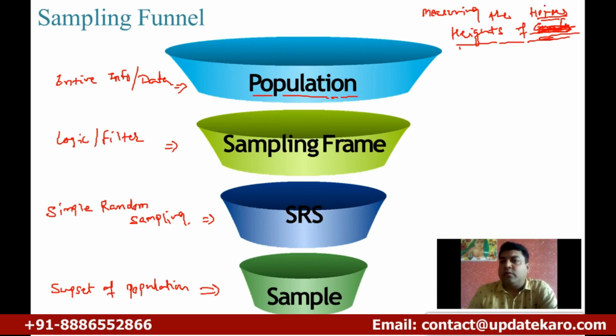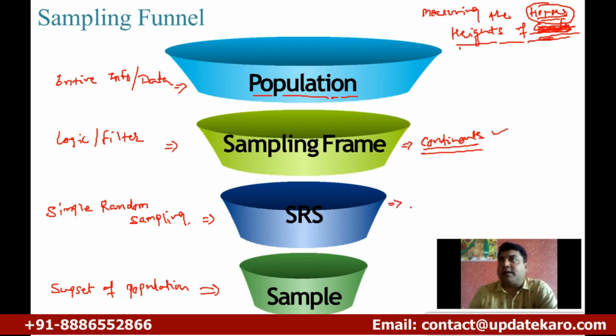So now if I want to measure the heights of horses across the globe, on planet Earth, what can I do? I can use a sampling frame. I will choose probably the continents. So I want to go continent wise, or instead of going city or country wise, I will go with continents, and I will do some random sampling.